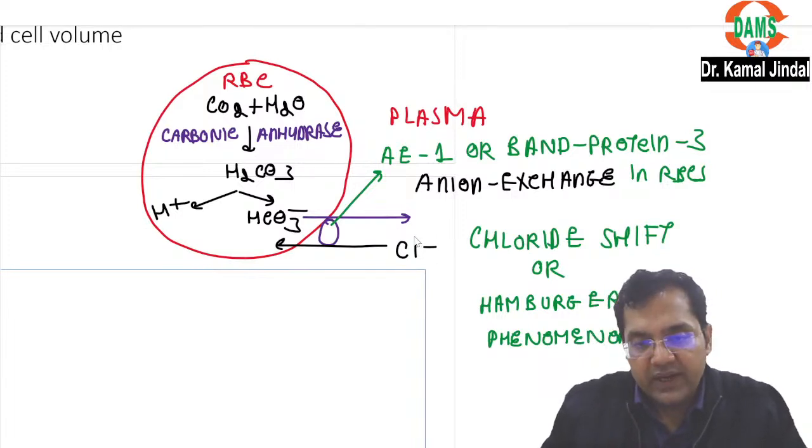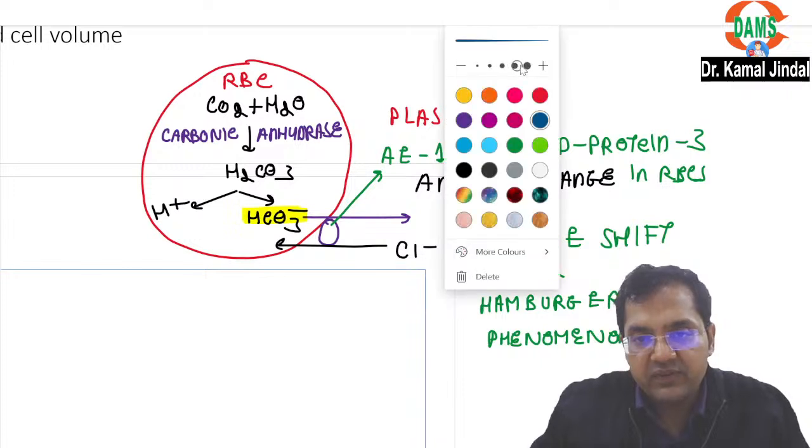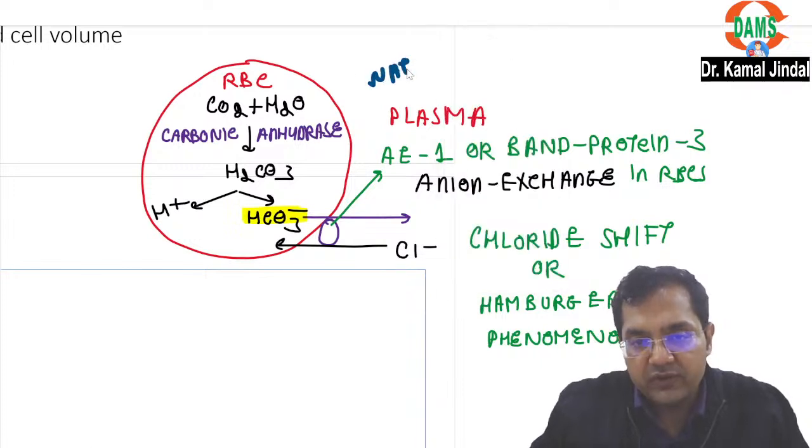Now chloride is osmotically active. One osmotically active particle was generated inside. It went out, but another one came in. So as the chloride comes in, remember who will start following the chloride from outside? Who follows the osmotically active particle? None other than water.